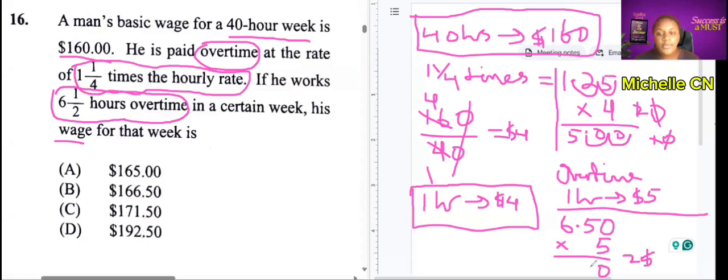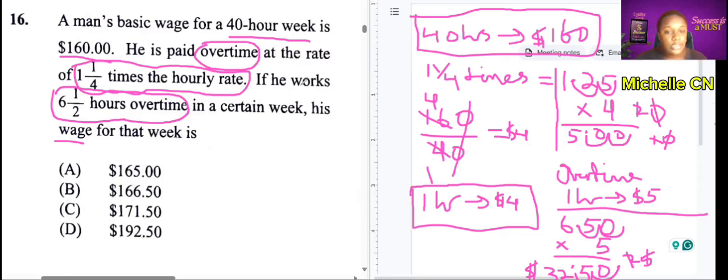Cross out the 5, put the 5 here. 6 5s are 30, add 2, 32. Because this number has a decimal 2 places in, the answer will also be 2 places in. So the amount of money this person made after working 6.5 hours overtime is $32.50.